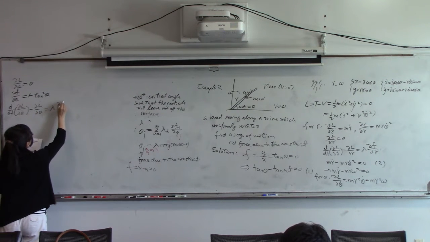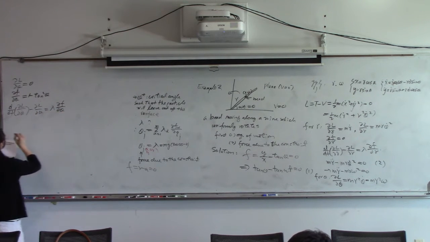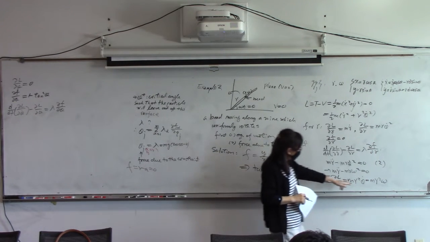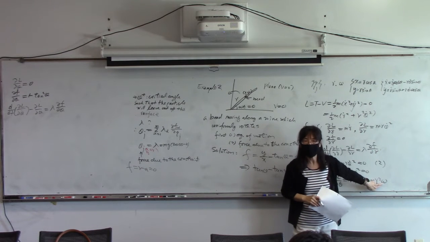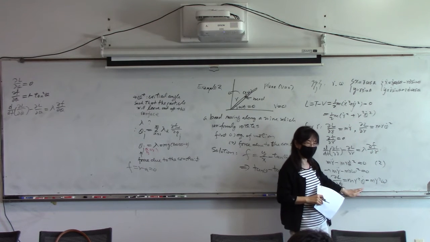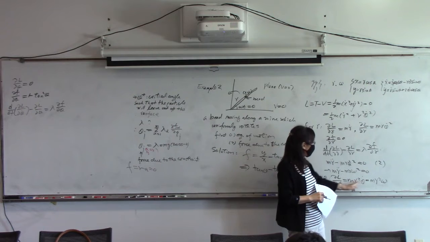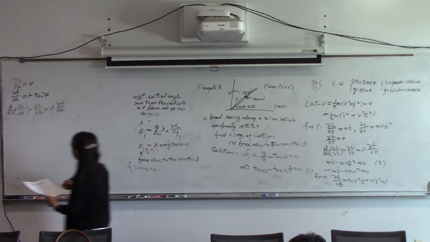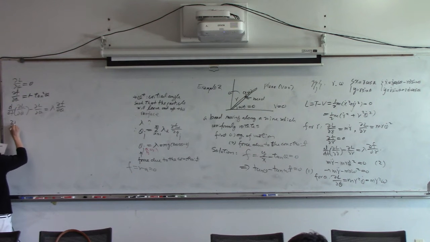Lambda partial f partial theta. So now the first one is here. In this case we know omega is constant, so theta dot is constant. Then when you do d dt, d theta dot is 0, right? So only the r. So the first term is 2m r r dot.